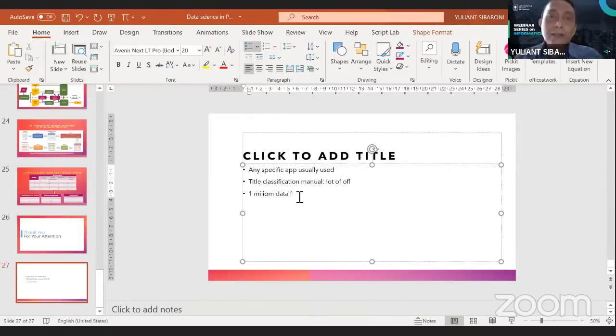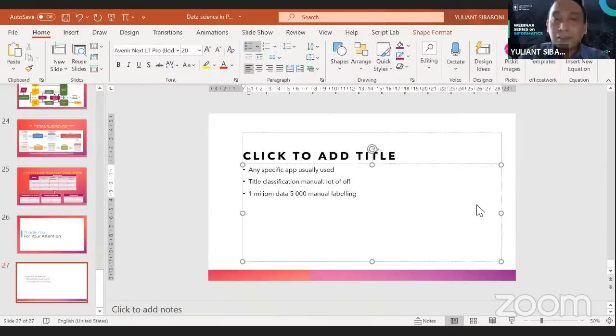From 1 million data, we can divide maybe 1,000 for manual labeling, and the rest is labeled by automatic labeling.